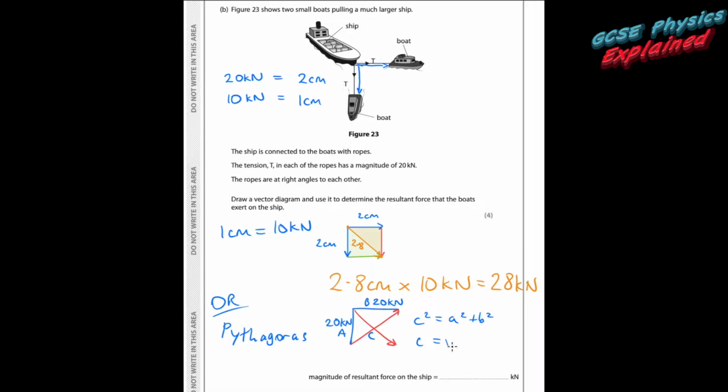So C is the square root of A squared plus B squared, which would be the square root of 20 squared plus 20 squared, which is the square root of 800, which once again comes out as 28. And that was in kilonewtons, so that's going to be in kilonewtons as well. So it just depends which way you like to do it. At A-level physics, we would definitely use Pythagoras' theorem because it's more accurate.